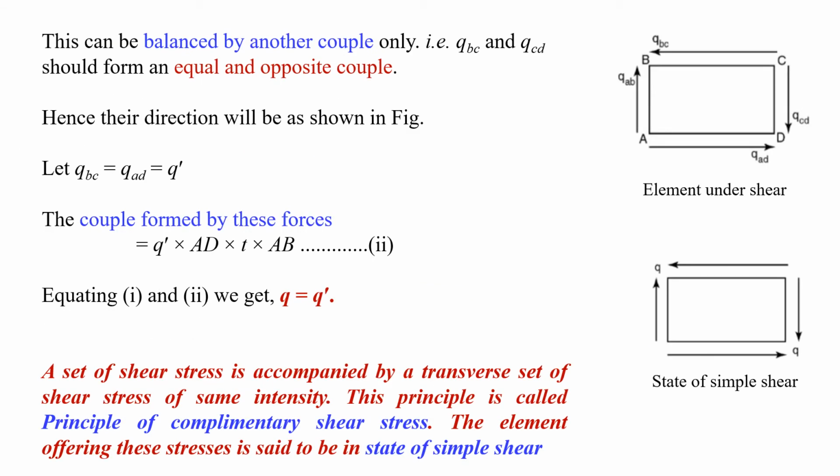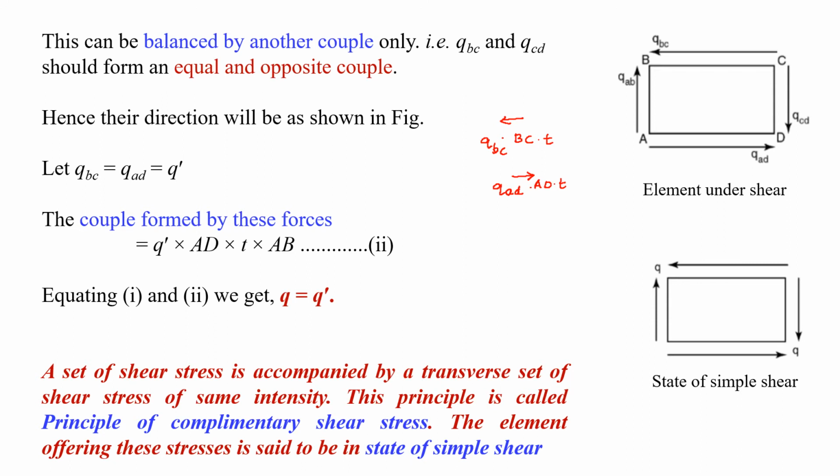Now let us consider the horizontal equilibrium. On face BC, we have the stress QBC, and on face AD, we have the stress QAD. The stress on face BC gives rise to a force, that is QBC into the area, that is QBC into BC into T, a horizontal force acting towards the left side on face BC, and QAD into length AD into T is a horizontal force on face AD acting towards the right side.